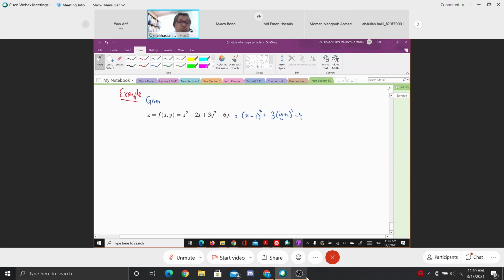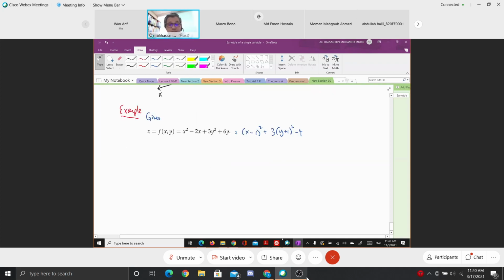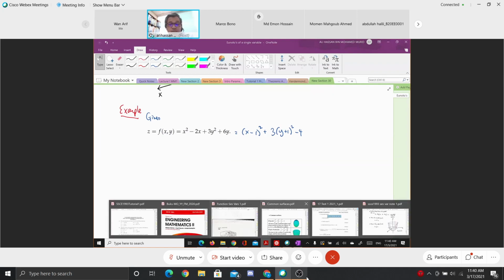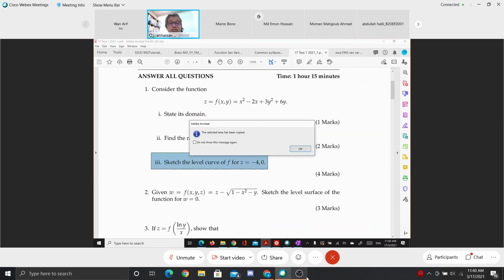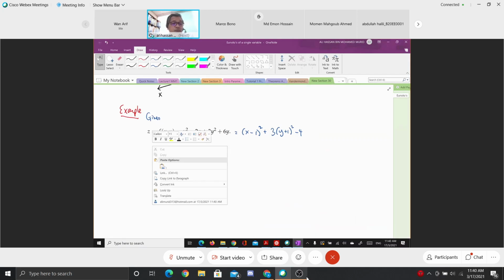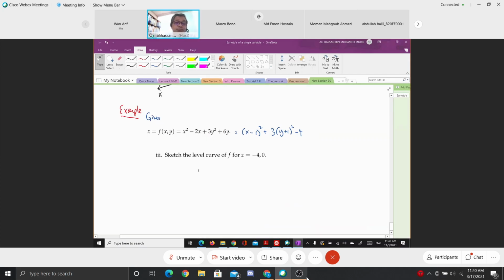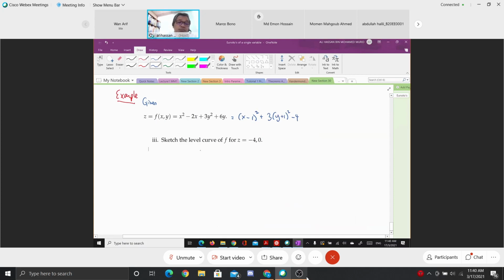In part 3, here is the part 3. Sketch the level curves for z equal to minus 4 and 0. So let's look at the case where z equal to minus 4.